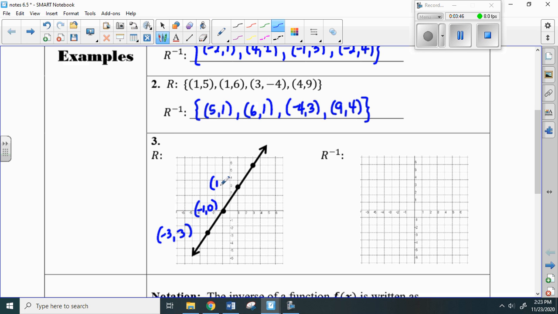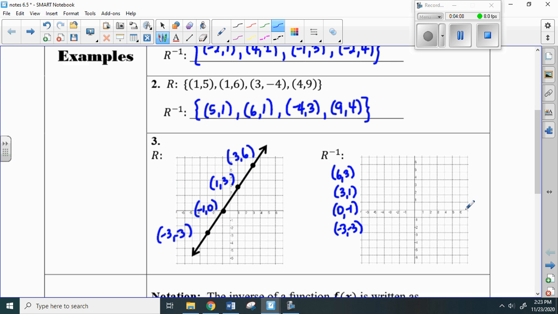Again, if I can label those points, then I should be able to just switch the x's and y's to get 4 new points on my inverse.